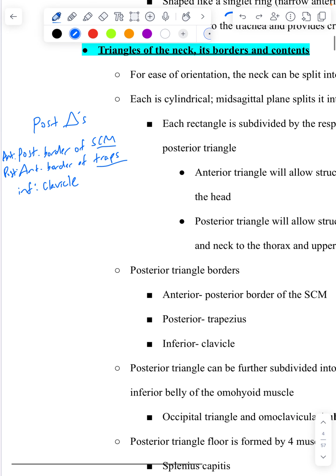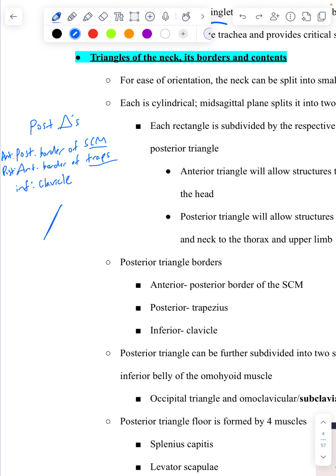And back here. So we have SCM, clavicle, and then in the back we have our traps.